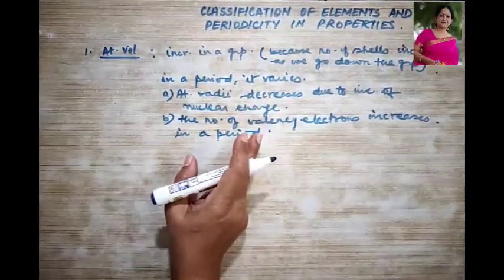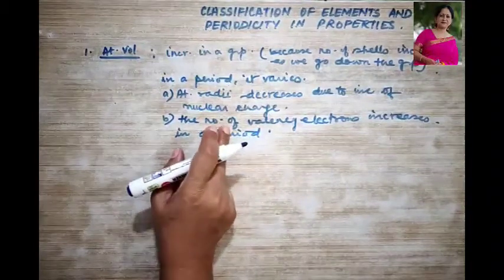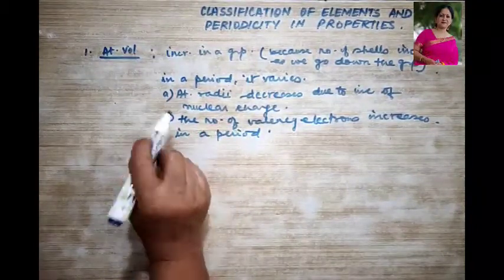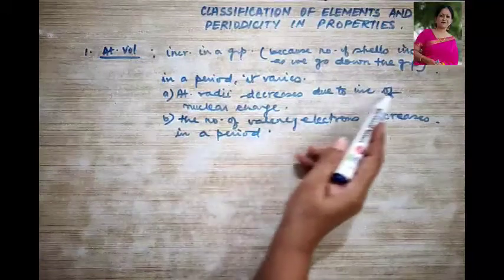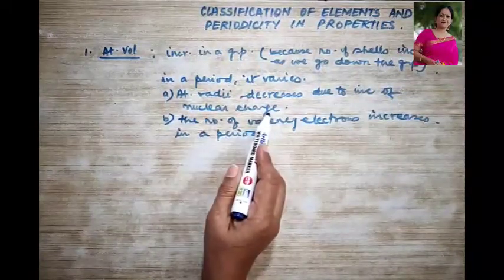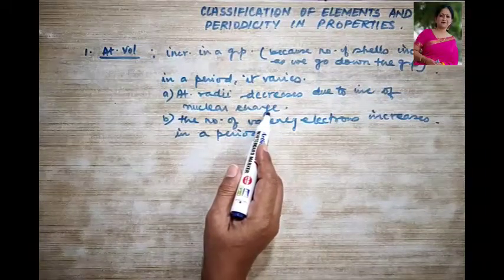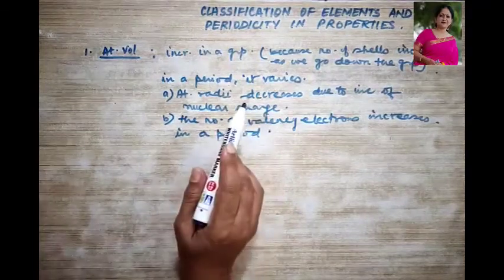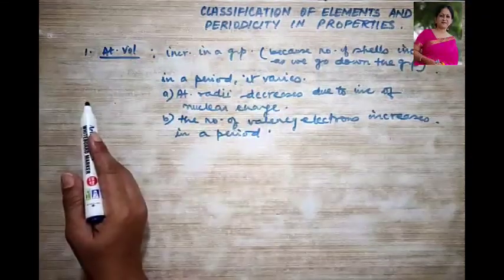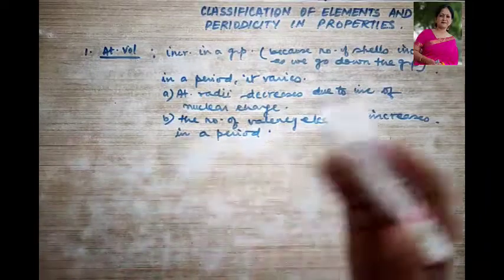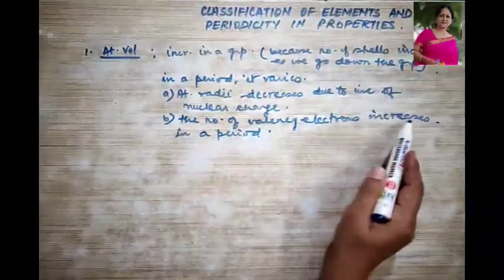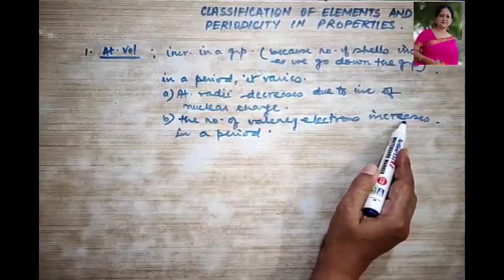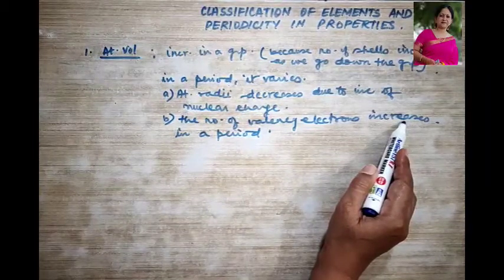So these two factors oppose each other. The effect of the first factor, that is atomic radii decreasing due to increase in the nuclear charge, is more on the left side, and on the right side, the second part plays the more important role.